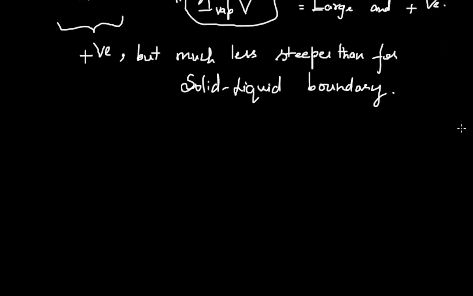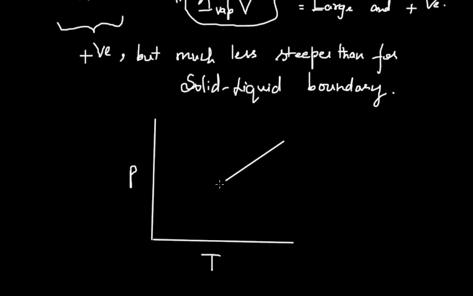So on a pressure-temperature graph, for solid-liquid it was very steep, but for liquid-vapor it will be much slantier.